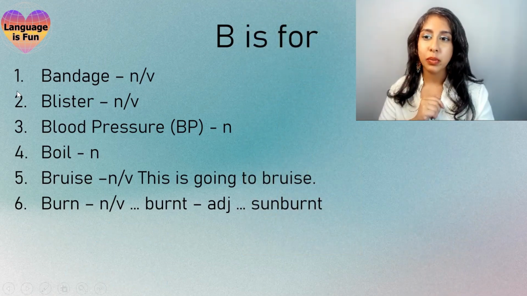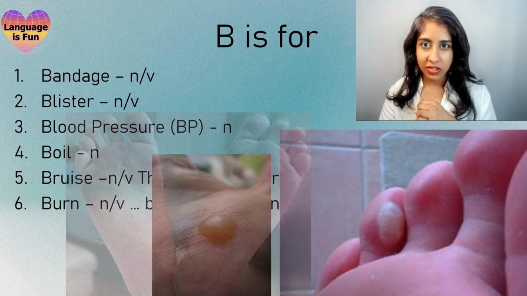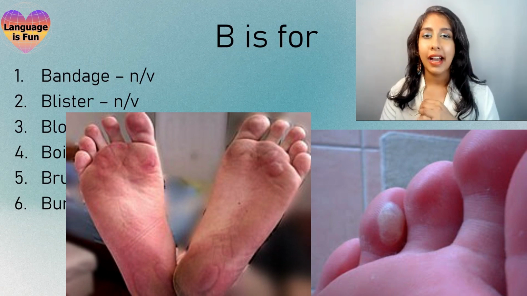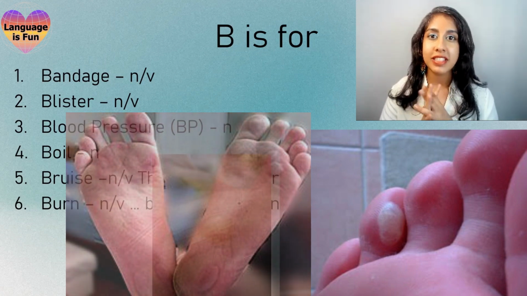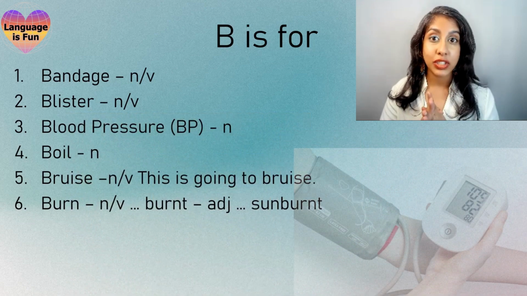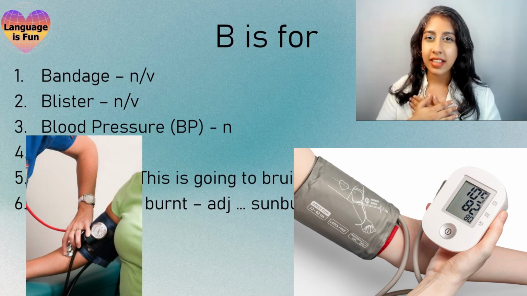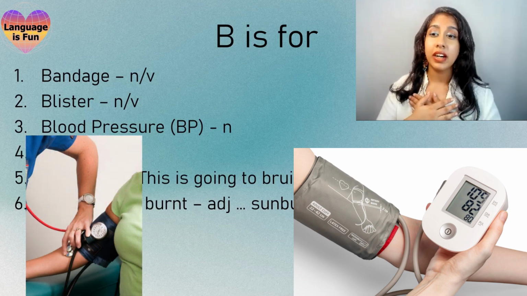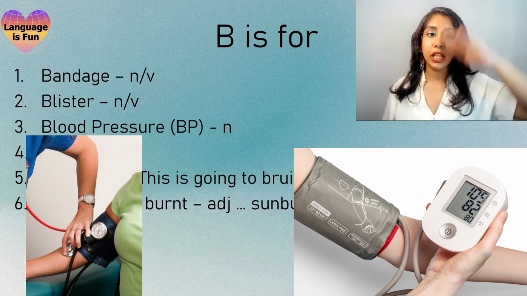Okay, number 2, we have blister. I got some blisters on my toes after wearing my new heels, right? Blister. You can see the picture here. Next, we have blood pressure. That is the pressure of the blood. I think this is a heart condition when your blood pressure can be high or your blood pressure can be low.